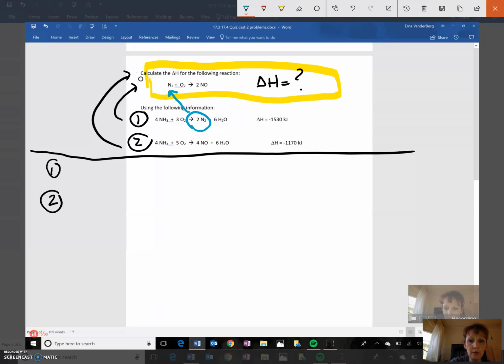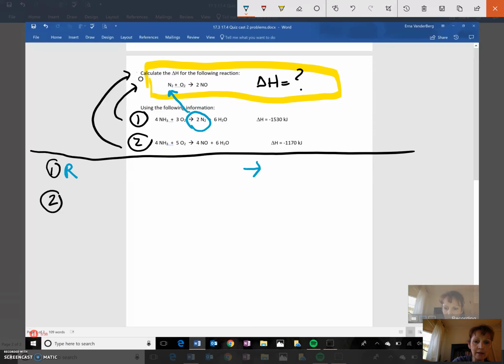So what we're doing is comparing equation 1 to the original, the one we're trying to solve. Now notice equation 1 has 2N2, and it's a product, not a reactant. So that right away tells us that we are going to reverse reaction 1. We're going to rewrite it in reverse.